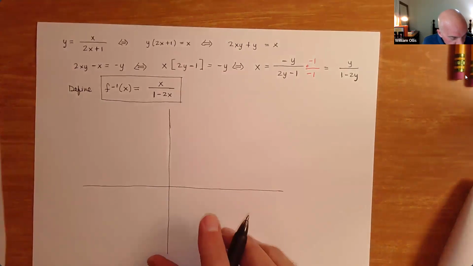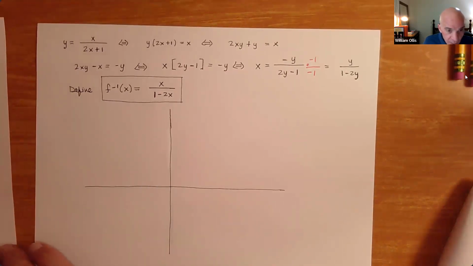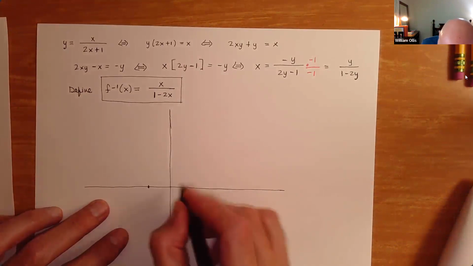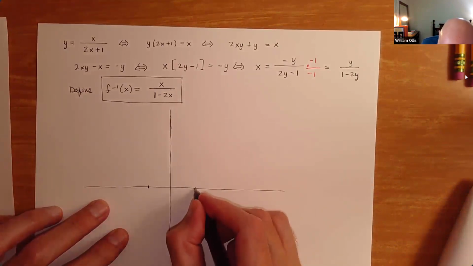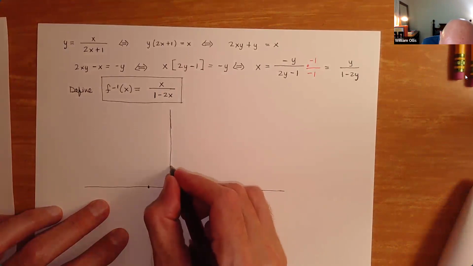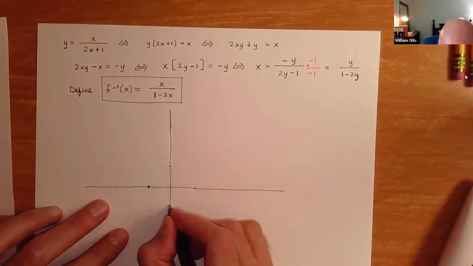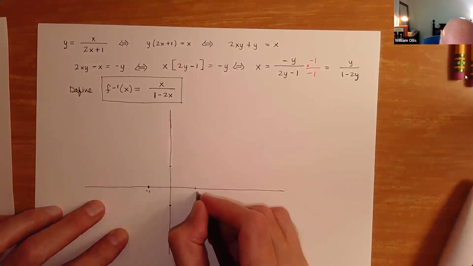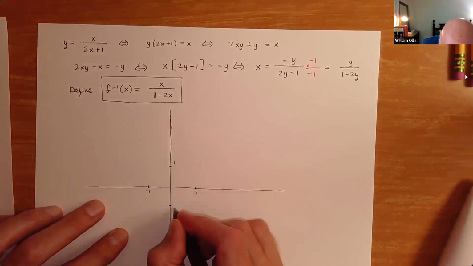So now, if we look at the original function, we have a vertical asymptote of x equals negative 1/2 and a horizontal asymptote of y equals 1/2. So we'll just say we've got a negative 1, 1, and then 1 and negative 1, just to make it a little bit larger here. So here's our negative 1, here's our 1, 1, negative 1.